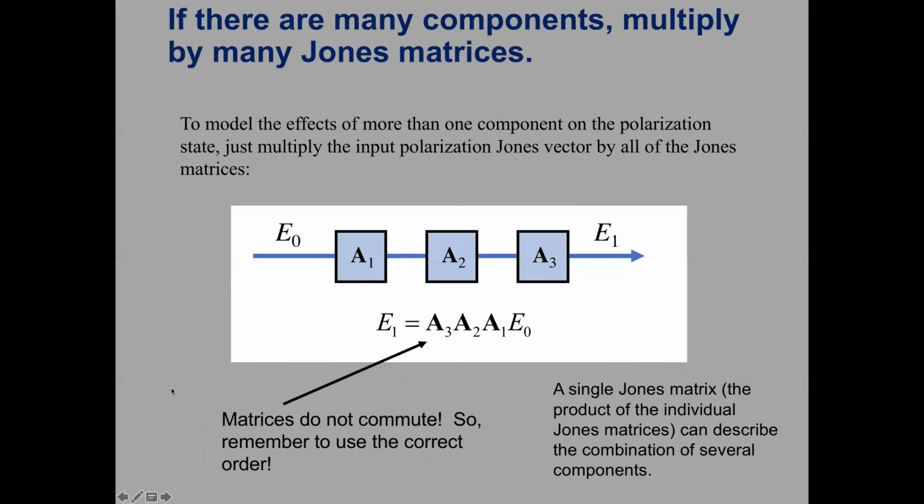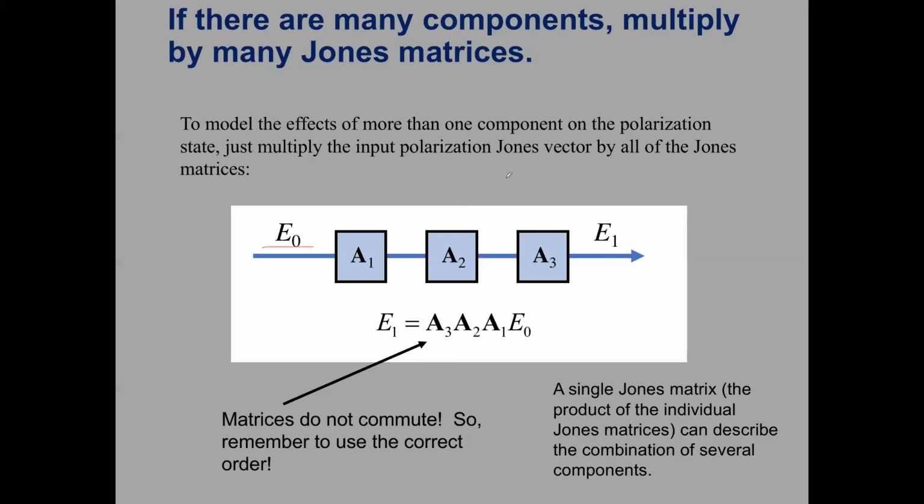The only tricky thing is when we have more than one polarizer or more than one device. We have an initial polarization, let's call it E naught. It might be right circular, X polarized, Y polarized, whatever it is. And it could hit multiple different devices in an experiment.